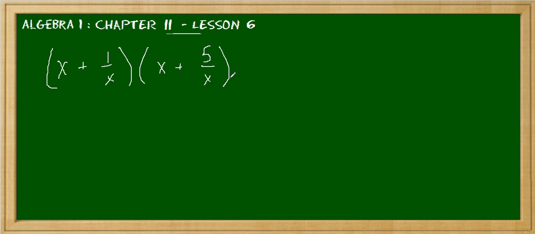So that's just to make it easier to see. Okay, so we have x over 1 plus 1 over x. And we're multiplying that by x over 1 plus 5 over x.